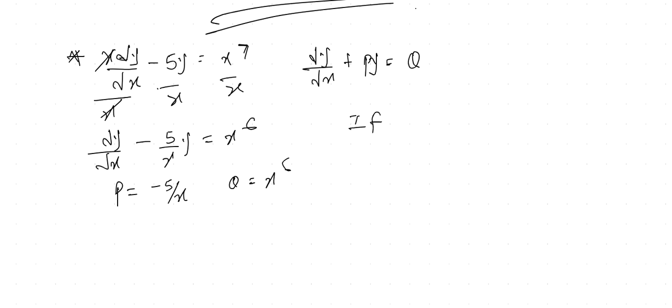You can leave your answer as y sine x equals x plus c, or you can simply say y is equal to x plus c over sine x, or y equals the inverse of sine x times x plus c. Whichever way is correct.